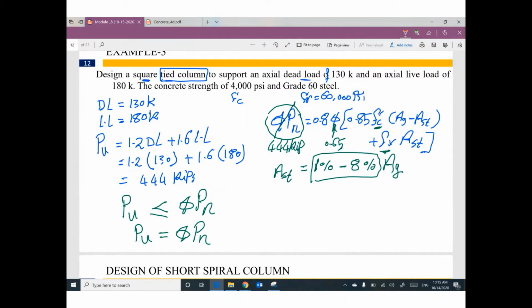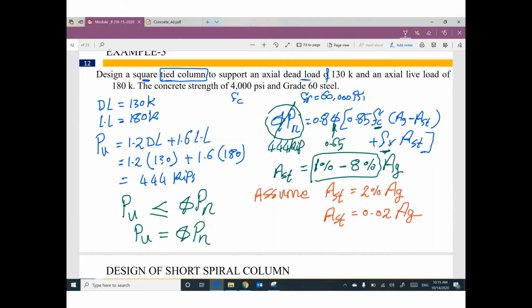So I'm going to assume, and it's up to you in the exam, area steel equals 2% of area gross. That means area steel equals 0.02 area gross. That's right.